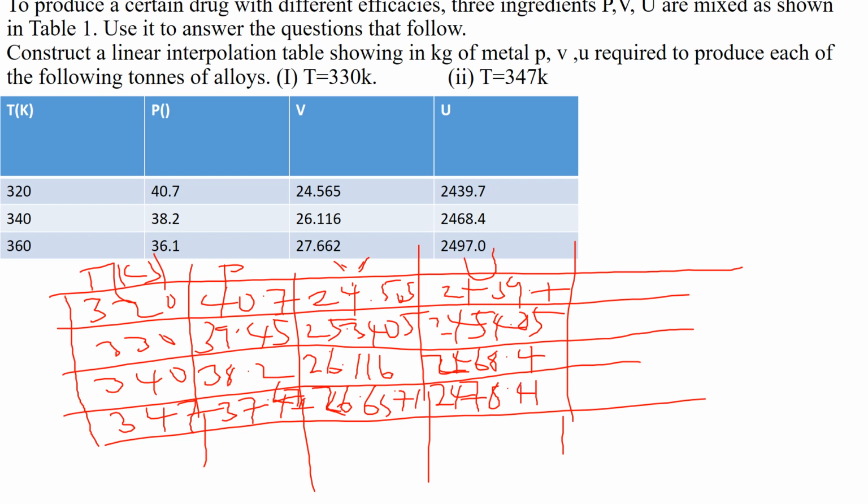Then the other one is 360, which has not changed. This one is 36.1, and here it is 27.662, and here it is 224.970. That is how you can calculate the interpolation and construct the linear interpolation table.